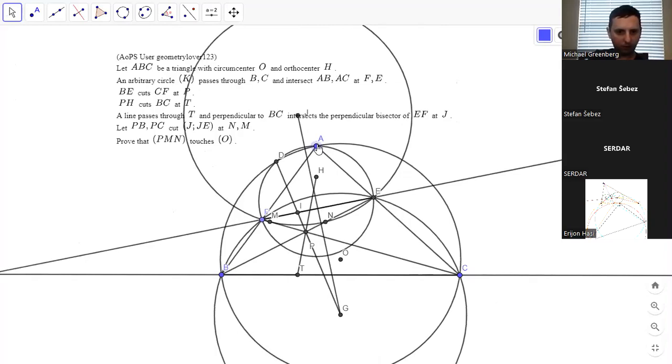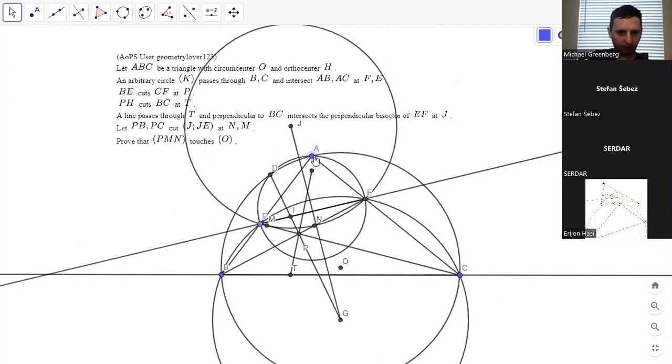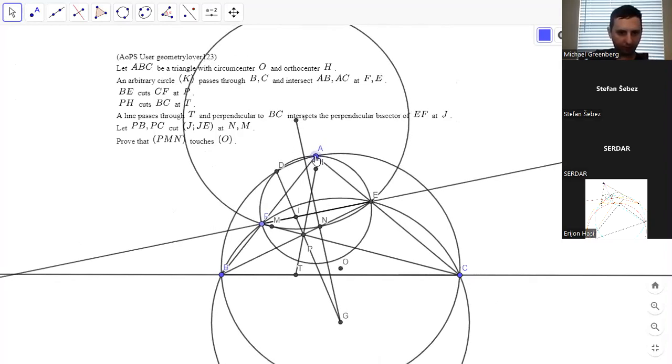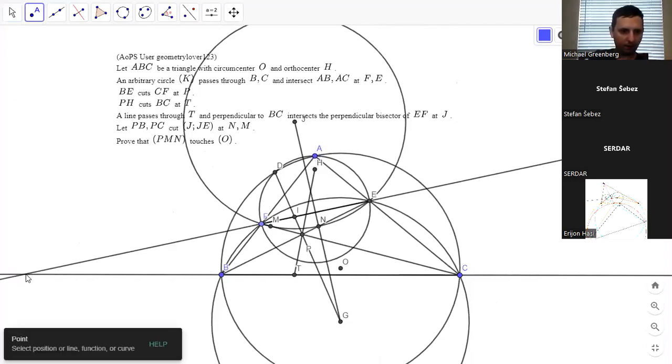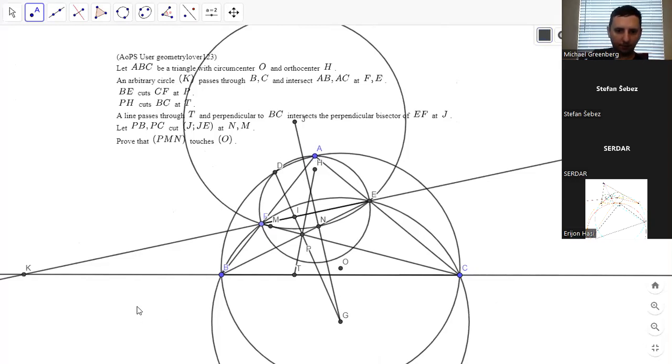I don't want M to overlap F, but I think that's fine. That's K. Then K lies on line AD by the radical axis theorem. And draw also the midpoint of EF.